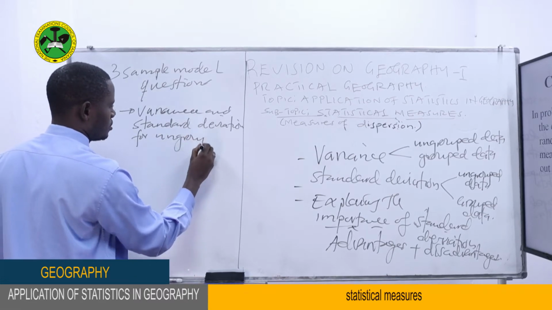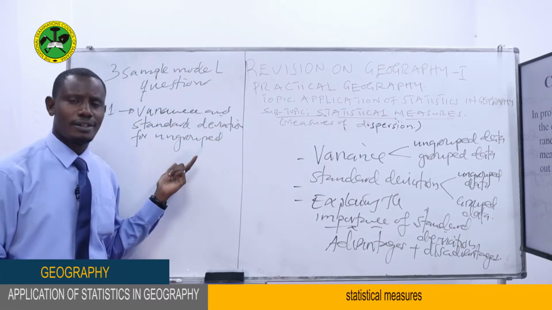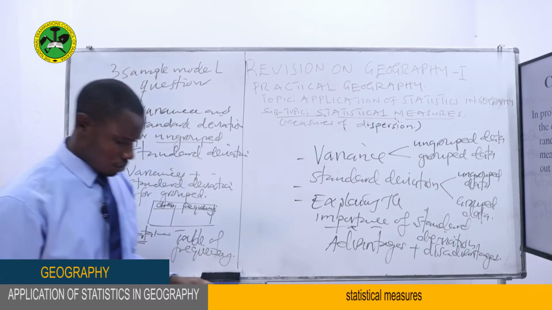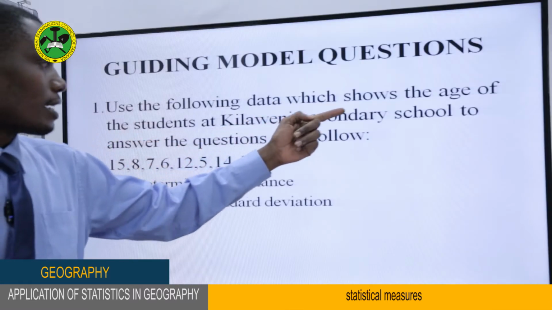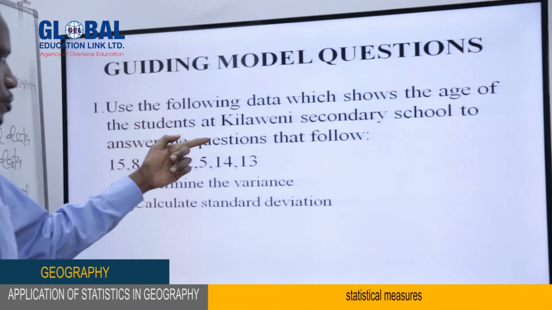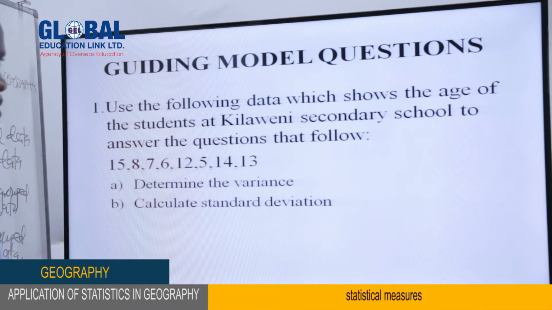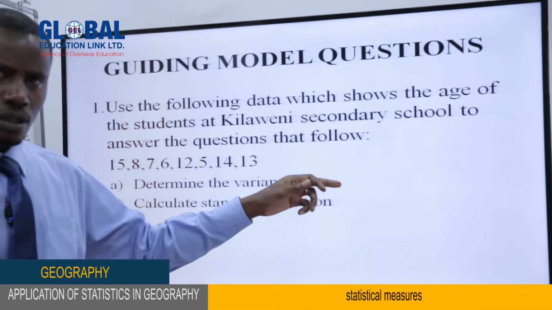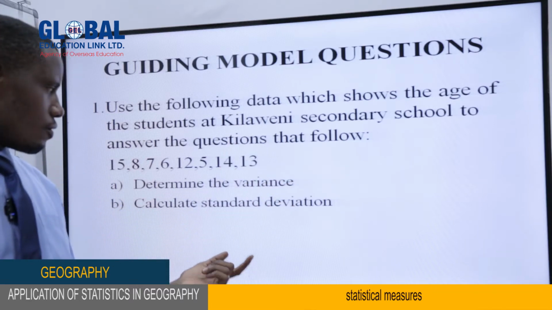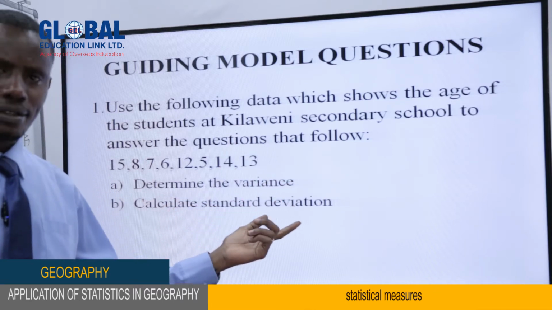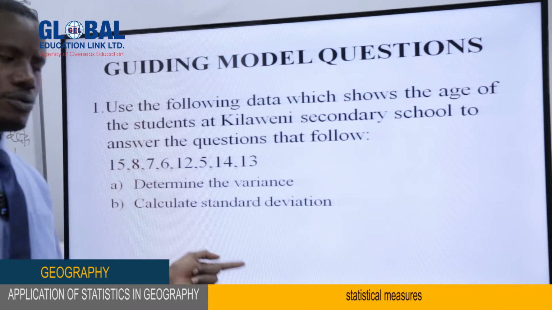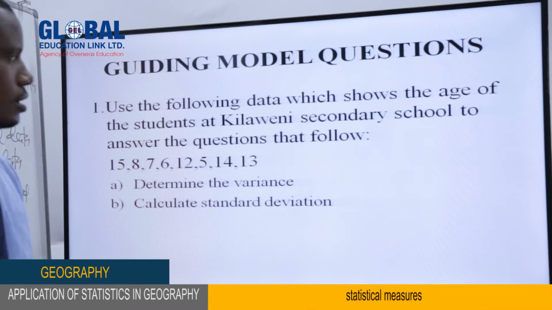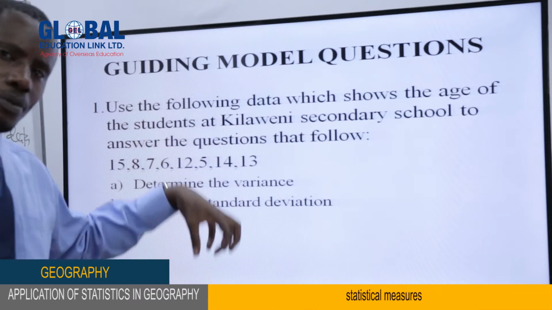As we have said, we are supposed to find the variance for ungrouped data. So, the first question: use the following data which show the age of the students at Kilaweni Secondary School and answer the questions that follow. In part A, you have been asked to determine the variance. But in part B, you have been asked to calculate the standard deviation. So this is the sample of the questions for ungrouped data.